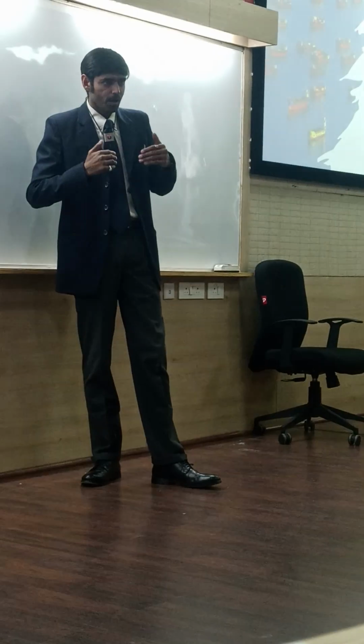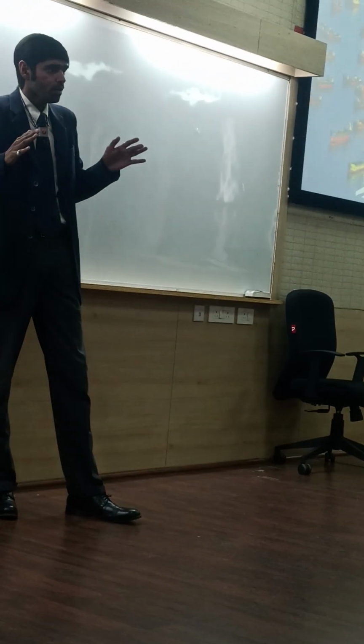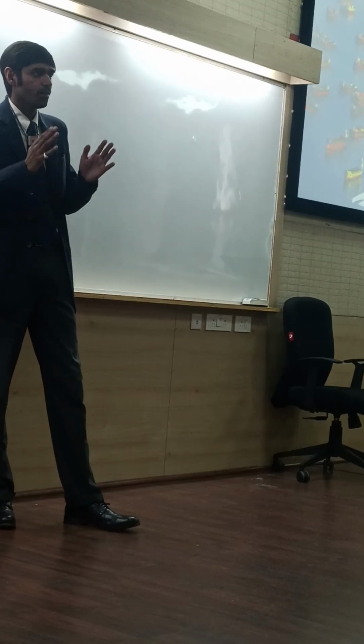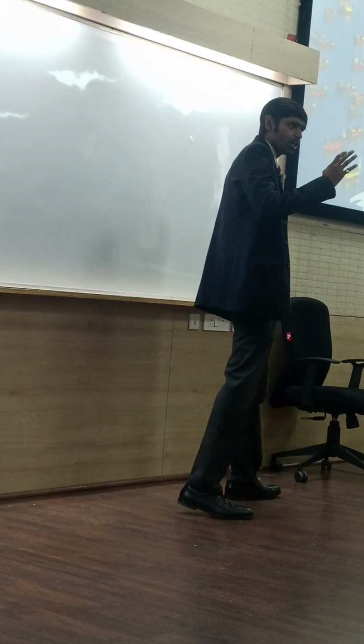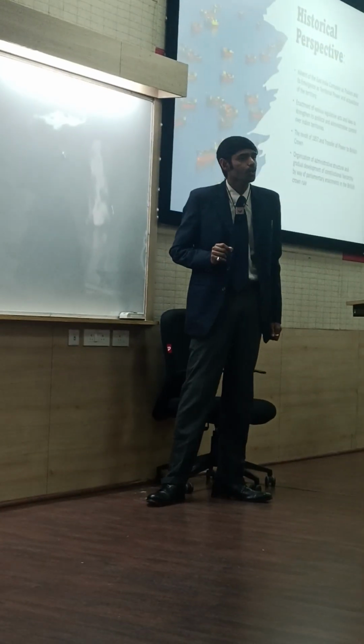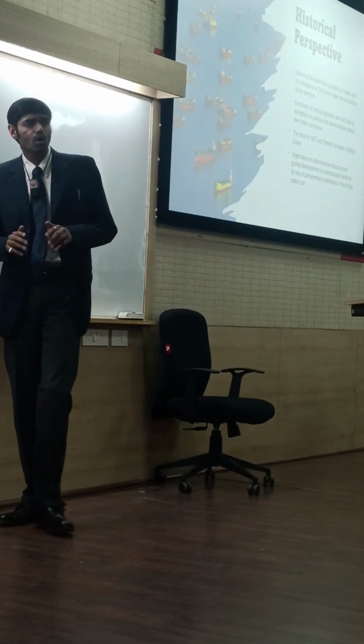So I am giving you this example to highlight that the administrative structure of India, the revenue system of India, the police system of India, the education system of India, this is all a result of inheritance from the colonial period. This is not something devised by our own, because the Indian culture was totally different.